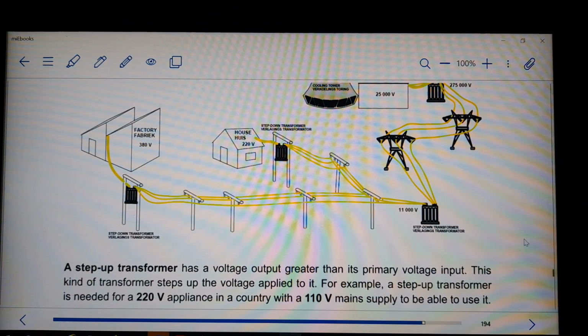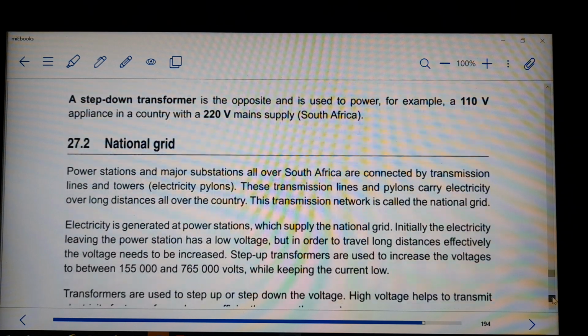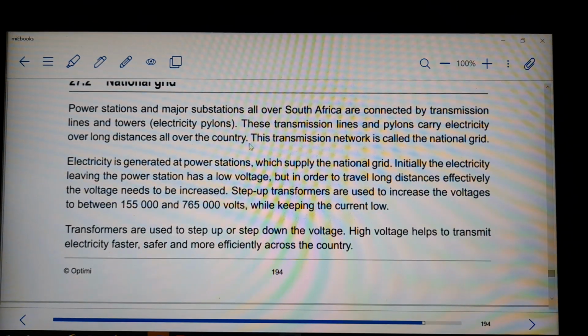These transmission lines and pylons carry electricity over long distances all over the country. This transmission network is called the national grid.